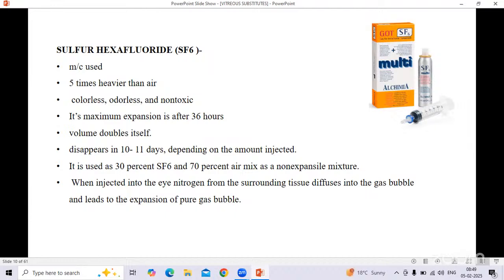You have a table of all gases where half-life and non-expansile percentage is given? No, sir, I don't have that table. I did not find that table. Okay. That table is actually in the book, Atul Kumar sir's book. You might have a PDF of sir's book.